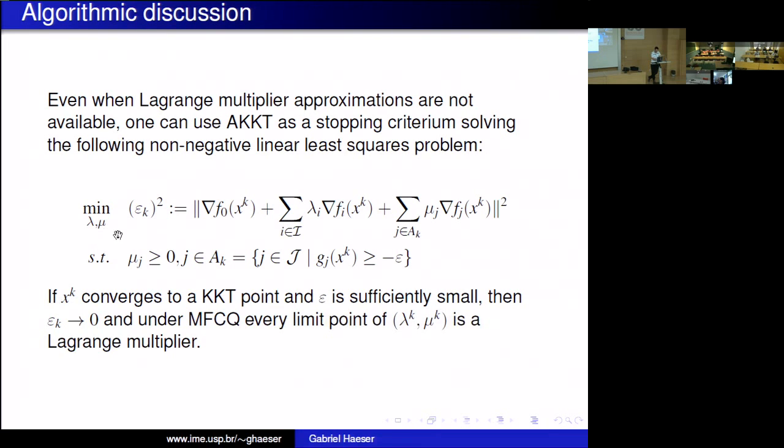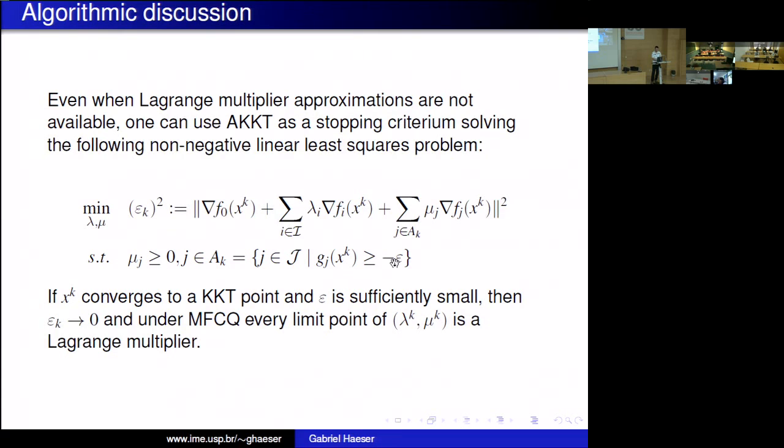Okay, so you solve this problem: your variables here are lambda and mu, and you minimize this norm squared of the gradient of the Lagrangian. And your sum here is made only on the approximate active set. You can fix this tolerance for complementarity.